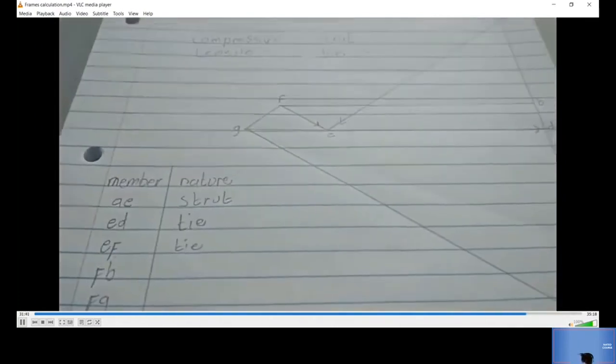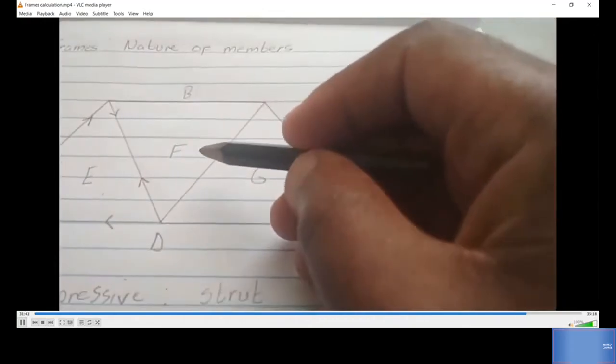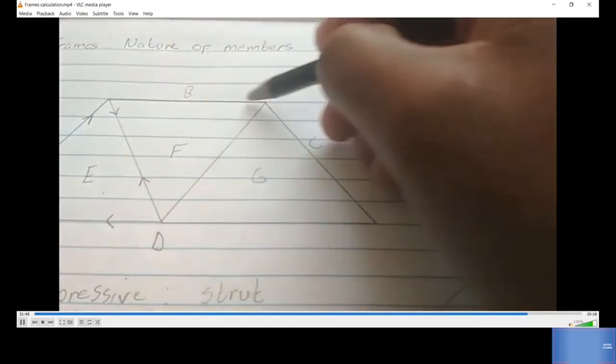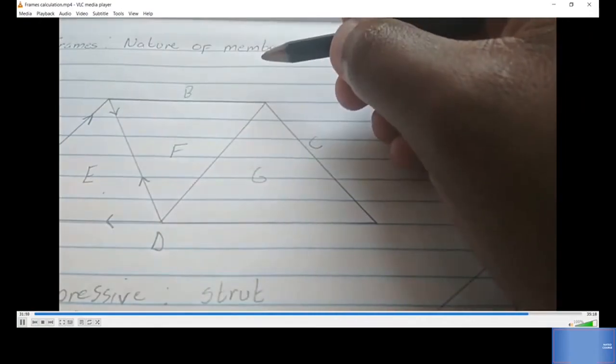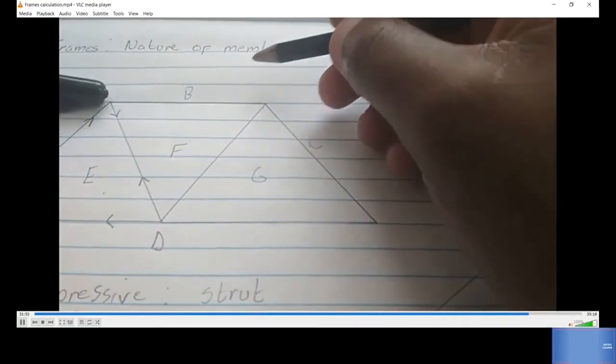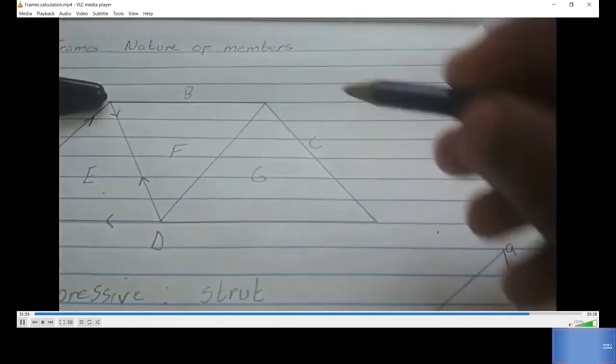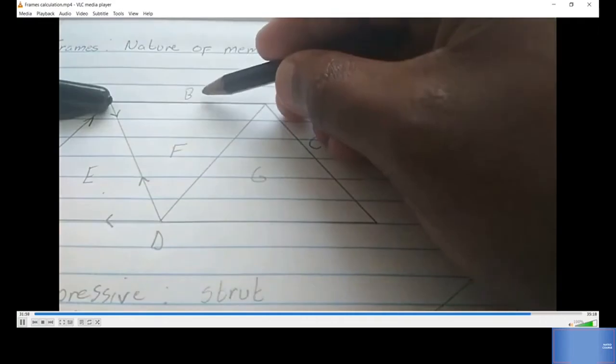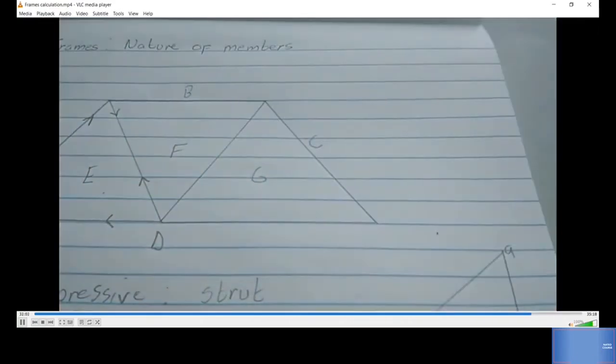Okay, the next one is FB. All right, FB, where's that member FB? Okay, so it's that member there. We go to the far left of FB, which is right there. Okay, so we move clockwise. If we move clockwise, we're moving from B to F. We go to our force diagram. There's B and there's F right there. So from B to F, we're going that way.